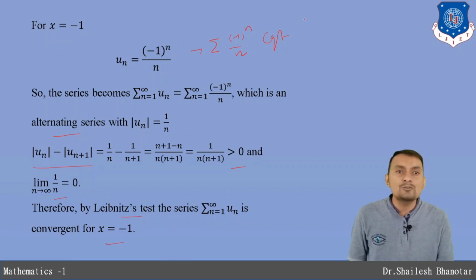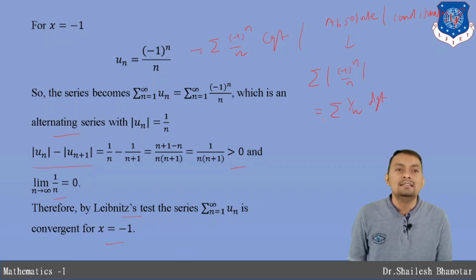Is the series absolutely or conditionally convergent? What can we say about this one? For that, I have to take its absolute value, and this is going to be 1/n, and this is divergent. Hence we can say that for x = -1, the series is not absolutely convergent. What about conditionally convergent? Conditionally convergent says that this series (-1)^n divided by n is convergent, whatever we have done, and the absolute value of (-1)^n divided by n is going to be the series 1/n, and this is divergent.